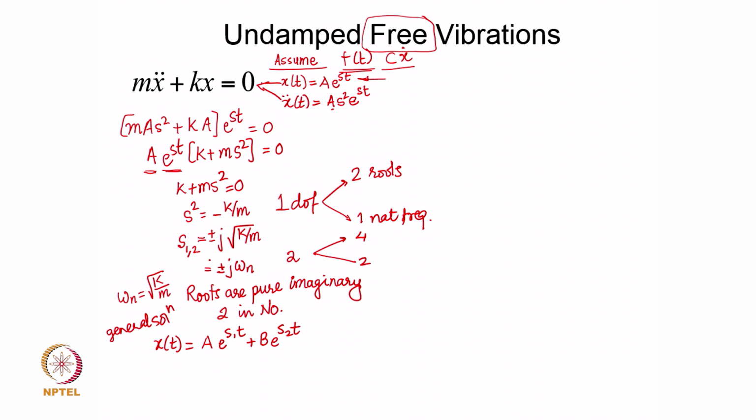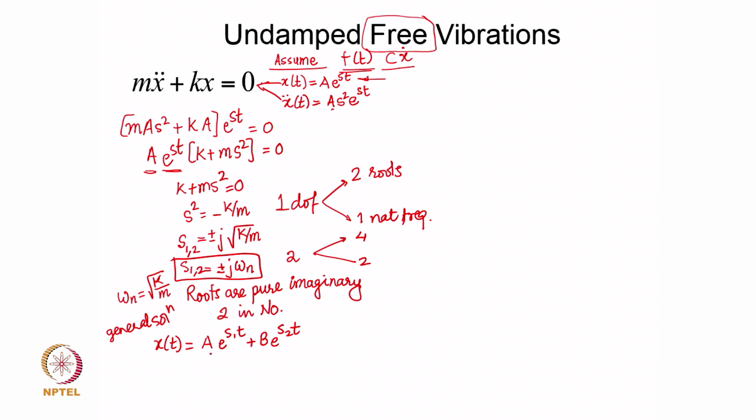S 1 and S 2 are completely known now for a given vibratory system, because omega n is given in terms of the system parameters. Please make a note that it is equal to square root of k over m, where k and m are the stiffness and mass properties of the system. So, they will be anyway known for a given system.